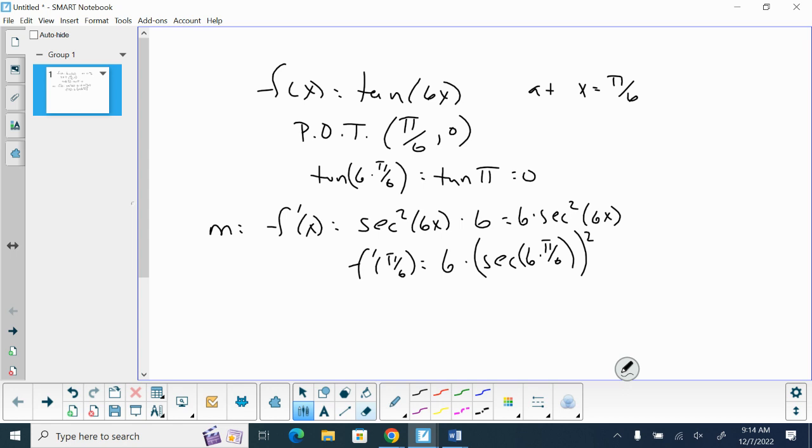We have 6 times the secant of 6 times pi over 6, all quantity squared. So we're looking at 6 times the secant of pi squared.